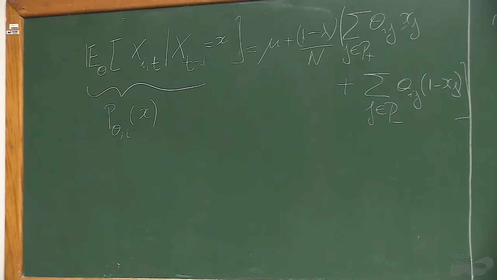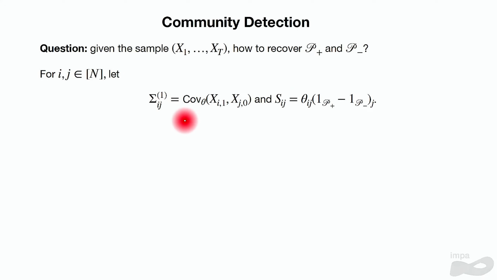So if I look at this one-time-unit lag covariance, computing the covariance between xj at time 0 and xi at time 1, this should at least help me find P plus and P minus. Let me define this quantity, and also the quantity Sij, which is just the environment theta ij with a plus if j is in P plus, and with a minus in front if j is in P minus. Okay, just a signed version of the environment.